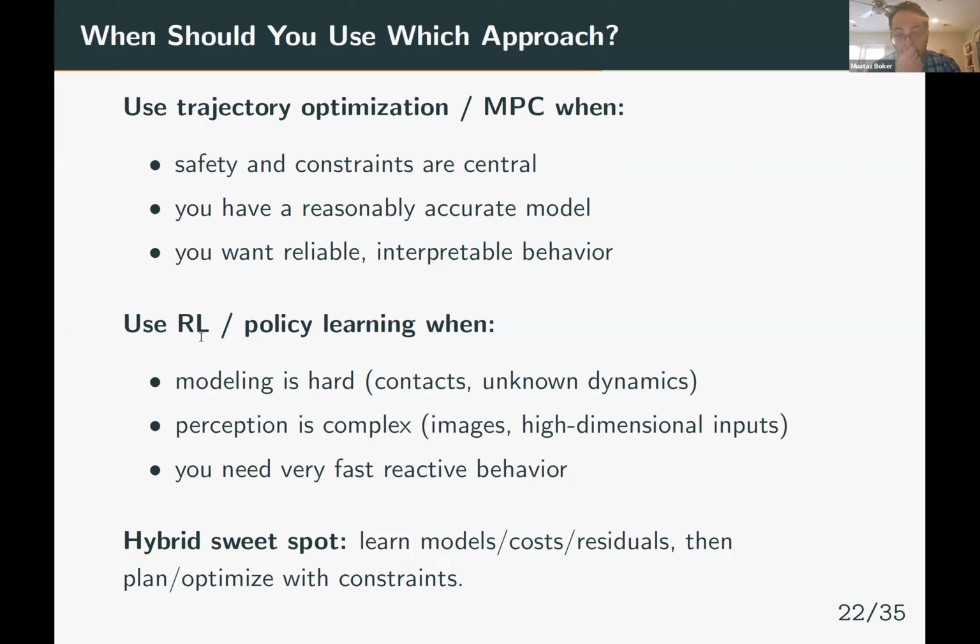There are also hybrid approaches where you learn models and the cost or residuals, and then you plan and optimize with constraints. There is also a system identification approach, or you combine neural networks with model predictive control as a hybrid option.